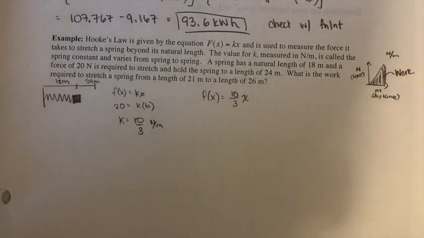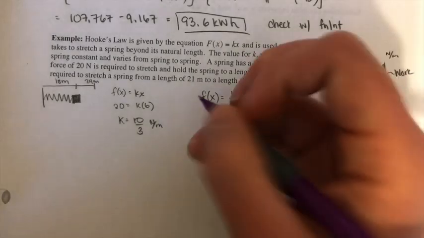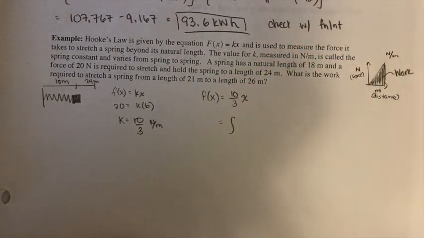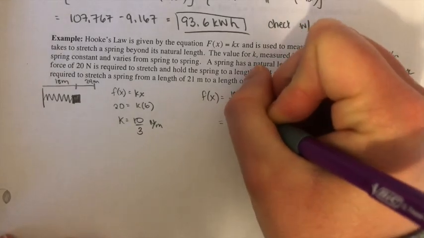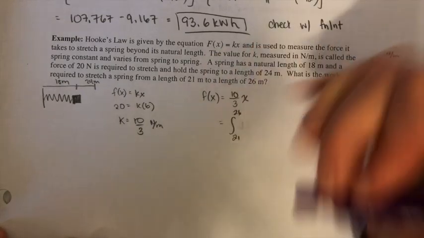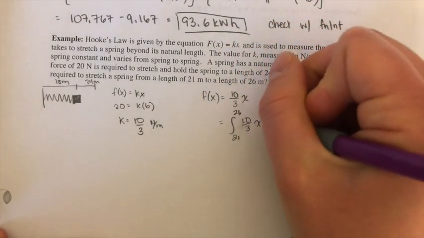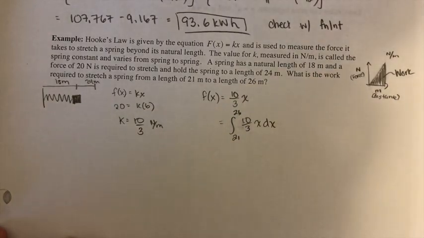I have told you, work as far as integral, or the relationship between this graph and an integral. Work is the integral. It's the area under that force. Okay, so we're going to do the integral from 21 to 26 of 10 over 3 x dx.